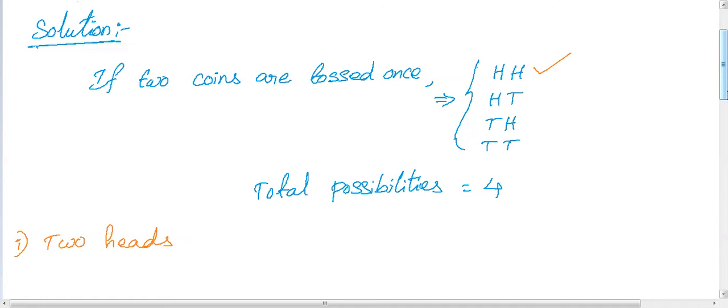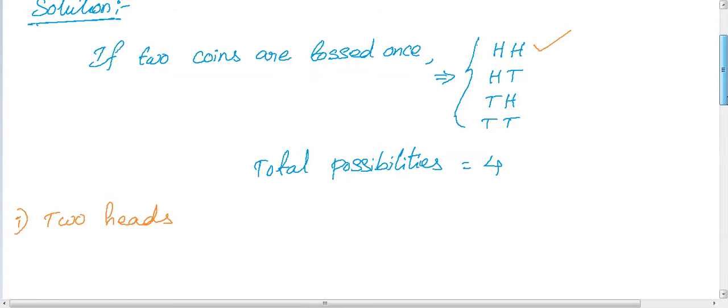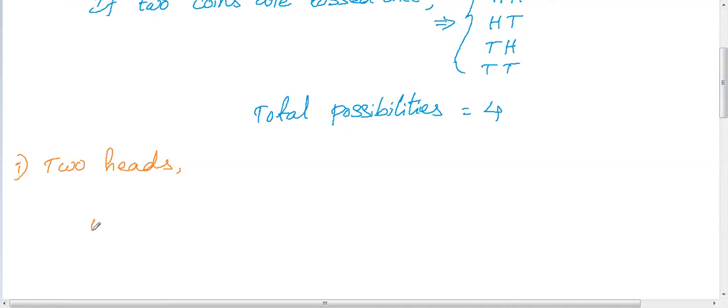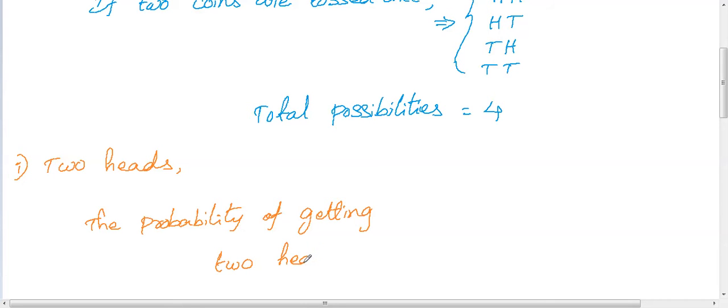If we toss two coins at a time, there is only once we'll get two heads. So we can conclude that the probability of getting two heads is 1/4.